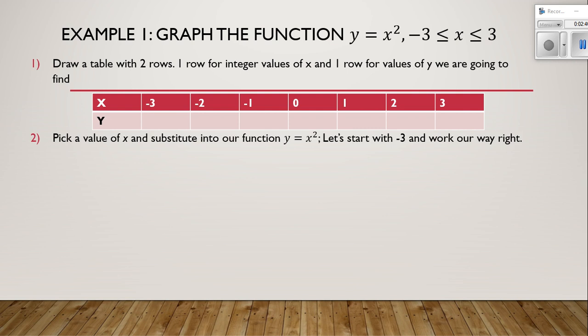So pick an x value and substitute into our function y equals x squared. We're going to start with our leftmost because that's how we read a page. So here, we're starting with negative 3. When you actually do these calculations, because you're going to be using a calculator more often than not, make sure you put your negative 3 in brackets. So press bracket, negative 3, bracket, and then put it all to the power of 2.